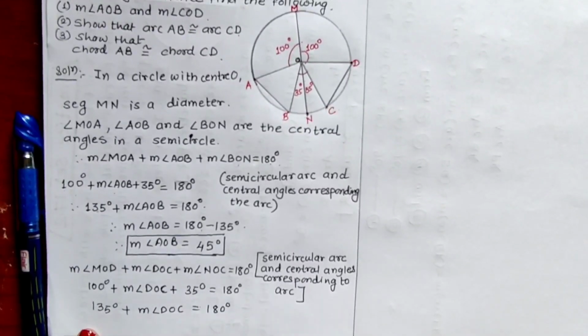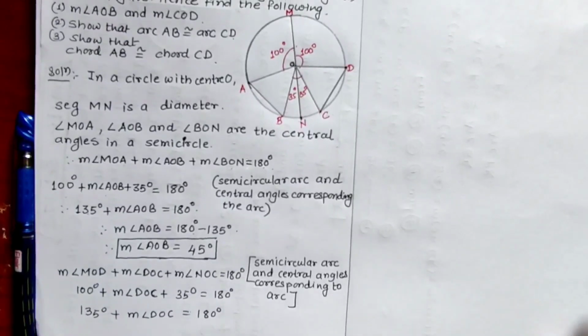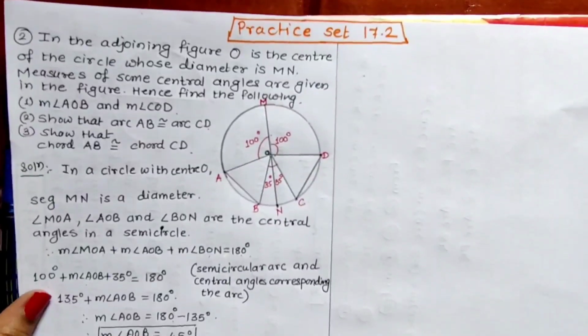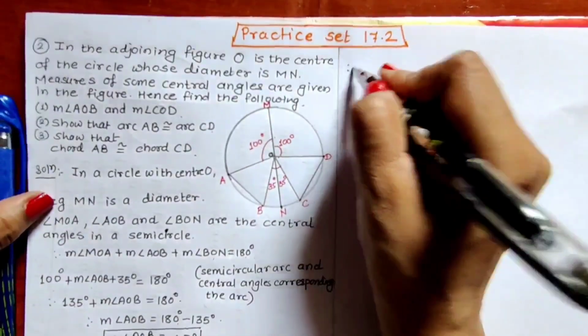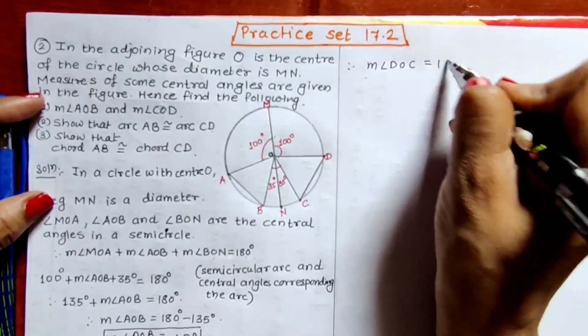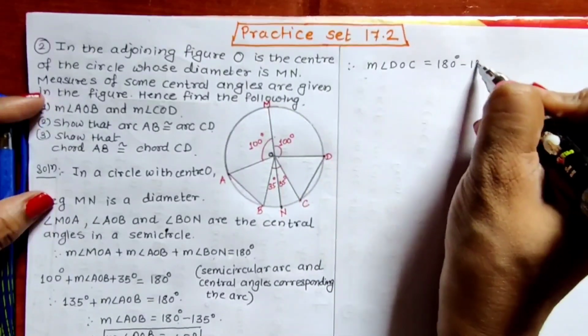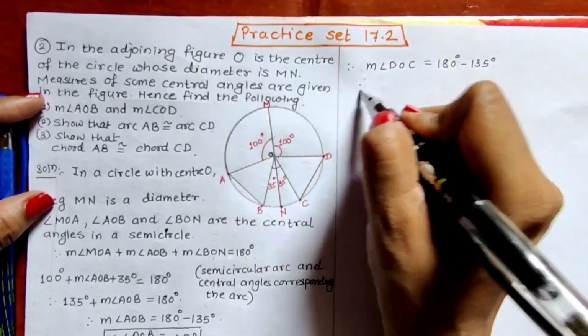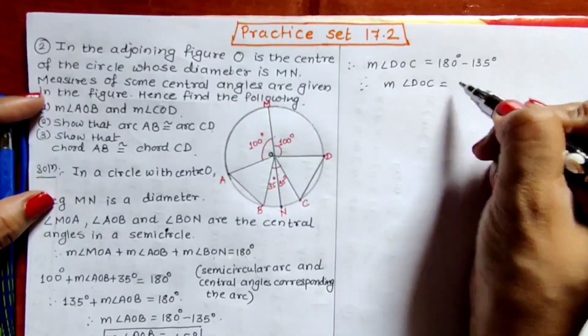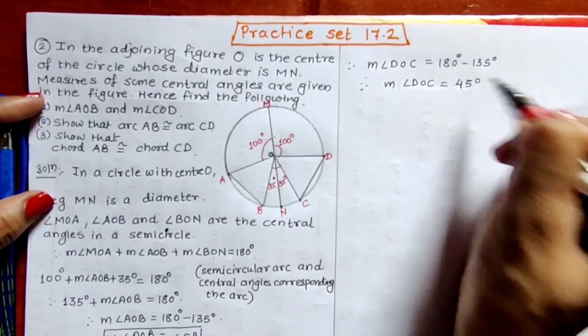Now this 135 we transfer to the right hand side, and therefore major angle DOC is equal to 180 minus 135, and therefore major angle DOC is equal to 45 degree.